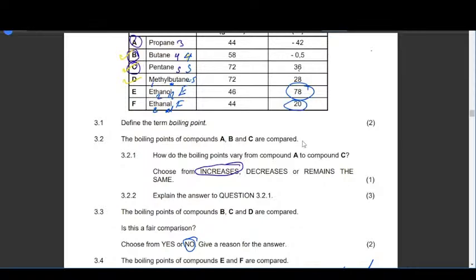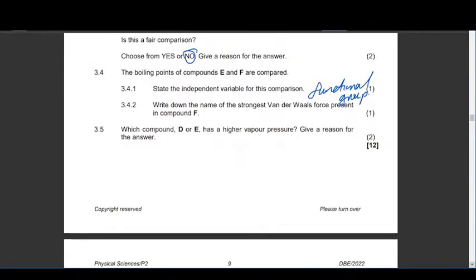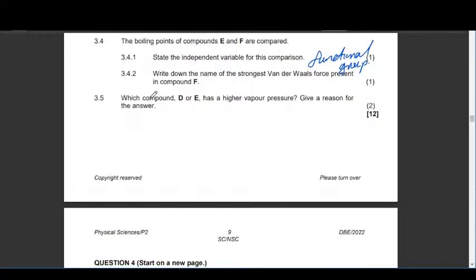Because ethanol has hydrogen bonds, it requires more heat to break them, while ethanal has no hydrogen bonds. Therefore, it only has what we call dipole forces. Yes, it has dipole forces. So that's the force which is the strongest force in it.